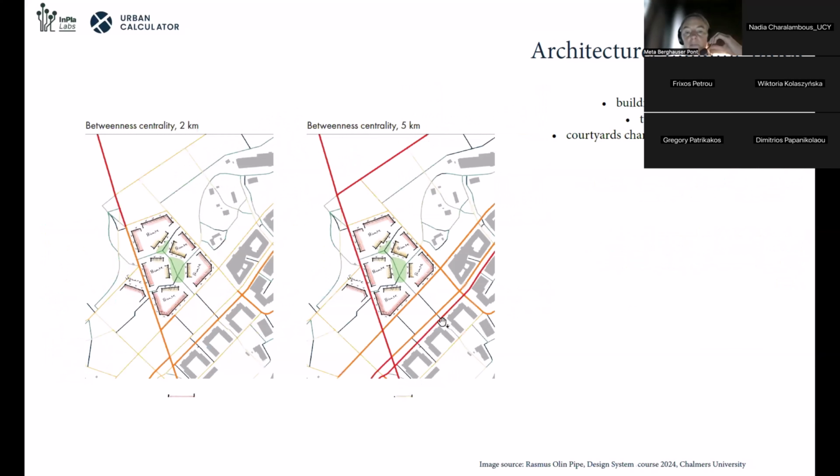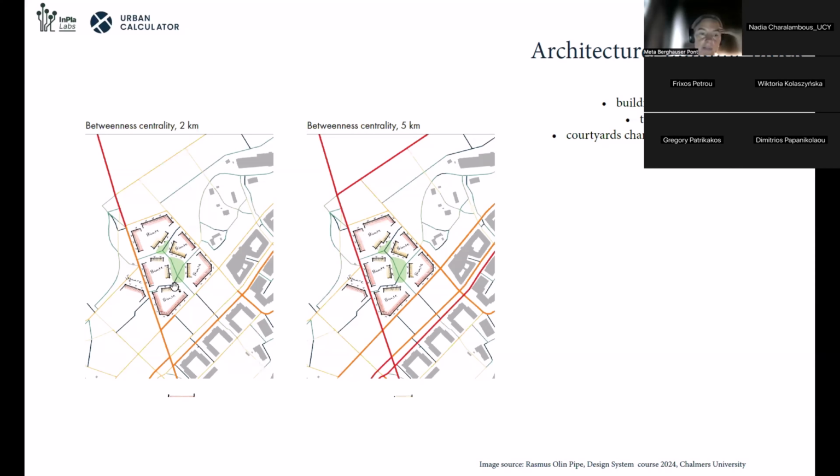And also, if you want to inform about where entrances should be located, how a block design can support the different centralities of the street. You see an example here of a design of a block where the block typology is adapted to the characteristics of the street surrounding it.